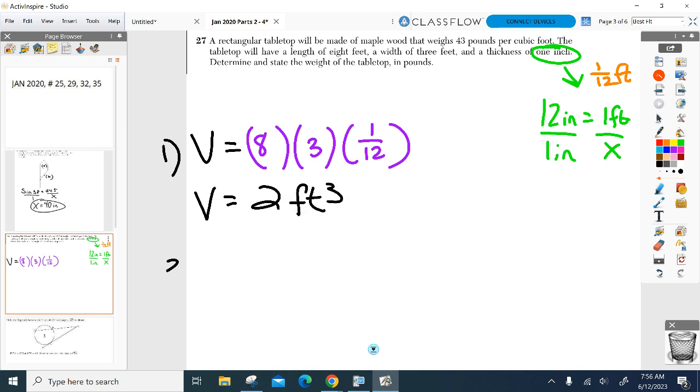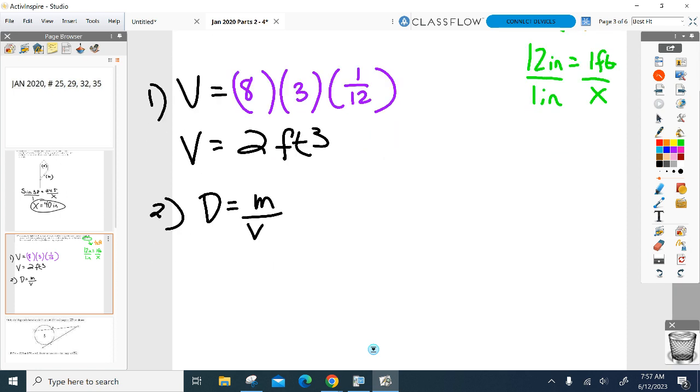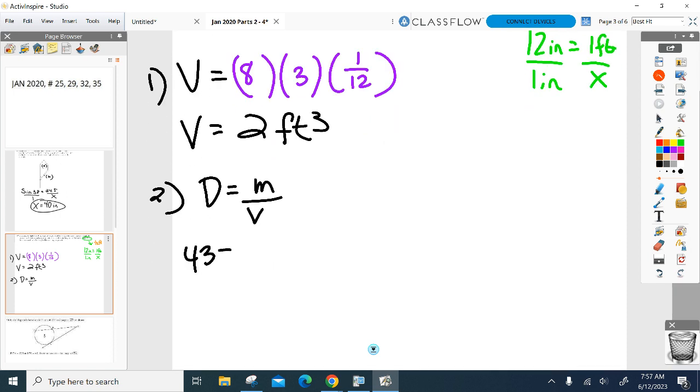All right, now, you told me it was density. Now we can determine the weight in pounds. So density was 43, mass I'm trying to find, volume was 2. 86 pounds.